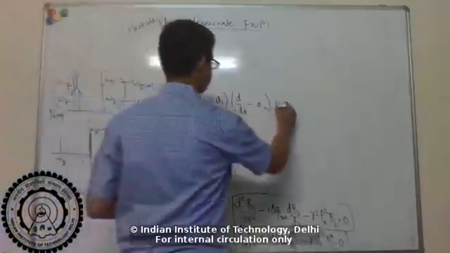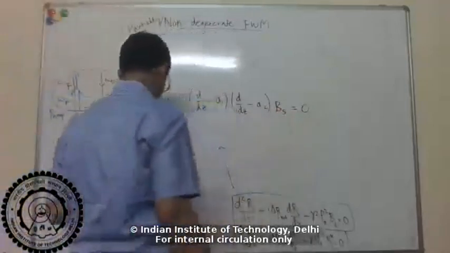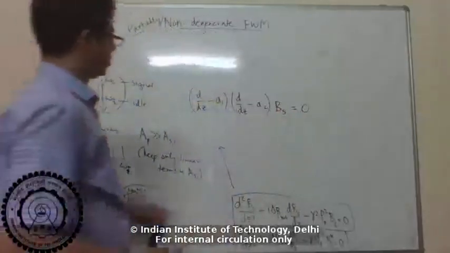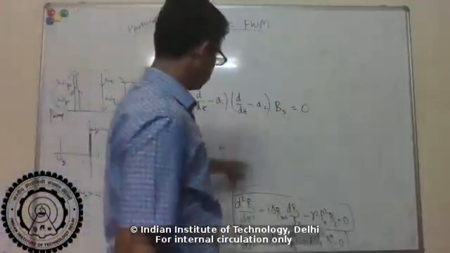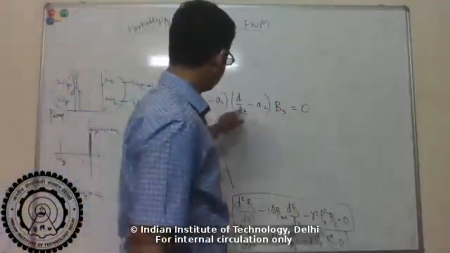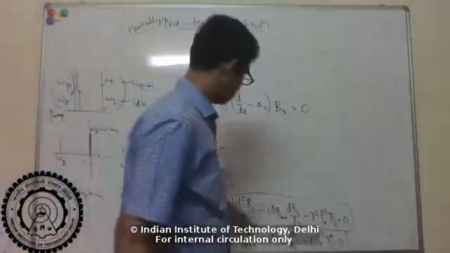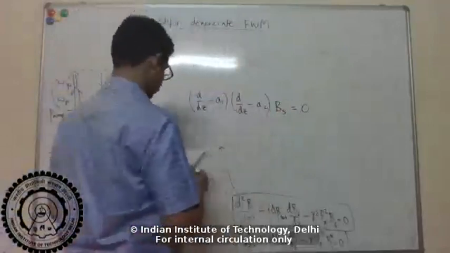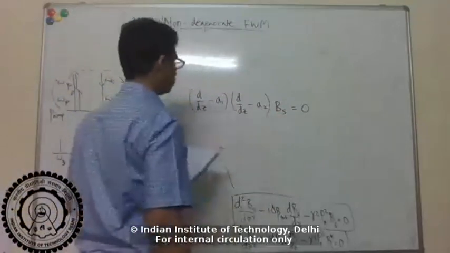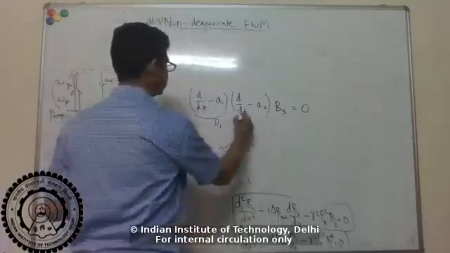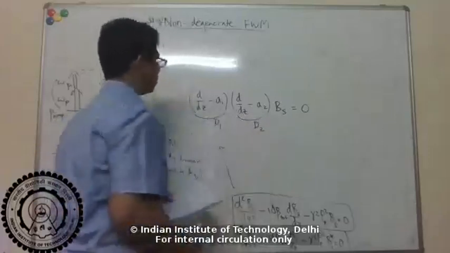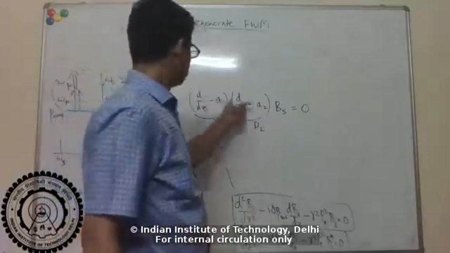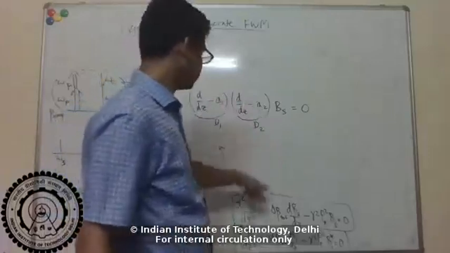So if I write it like this, then you can just by inspection see what A1 and A2 should be to get this, just like a quadratic equation. So I call this operator D1, call this operator D2, and these operators commute basically, right? A1 and A2 are some constants.